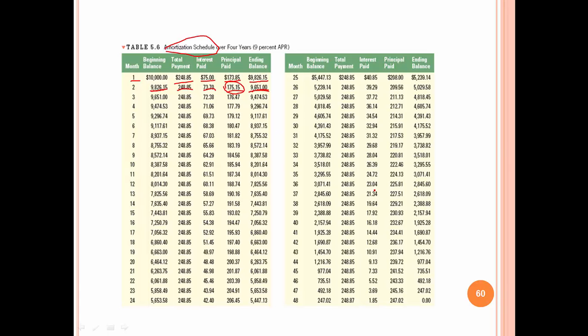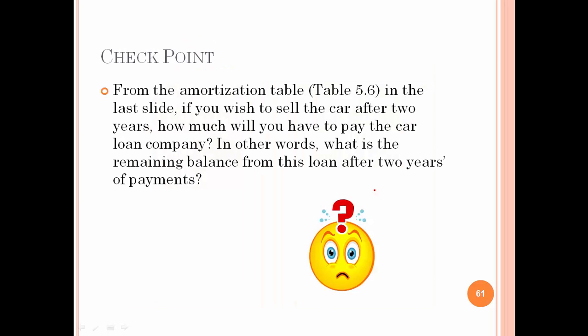Let's take a look at these checkpoint questions. From the amortization table, if you want to sell the car after 2 years, how much would you have to pay to the car loan company? In other words, what is the remaining balance of this loan after 2 years of payment?